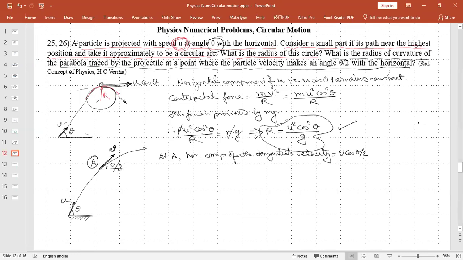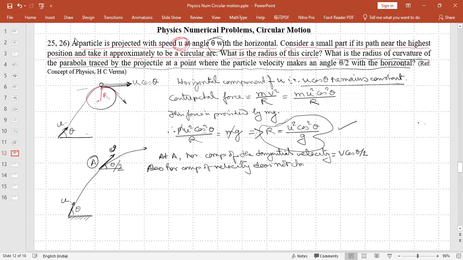And this has to be equal to u cos theta, because we have already seen that the horizontal component of the velocity does not change.